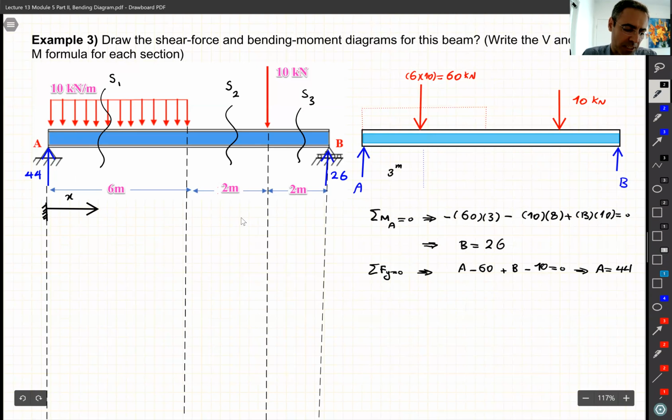I'll do the first section, S1. By section, I mean I cut the beam somewhere in the middle there, like S1, and I keep either the left or right side. It seems it's wise to keep the left side for this beam. Let's do that.